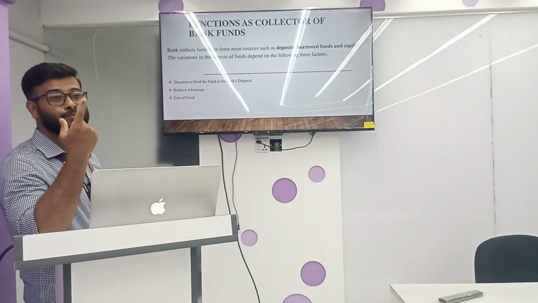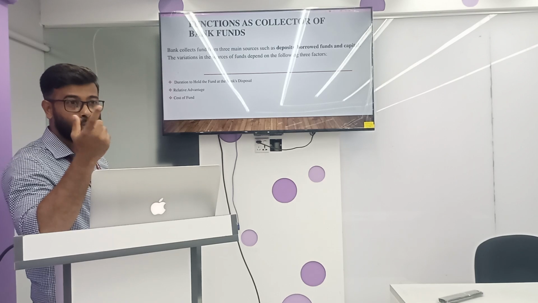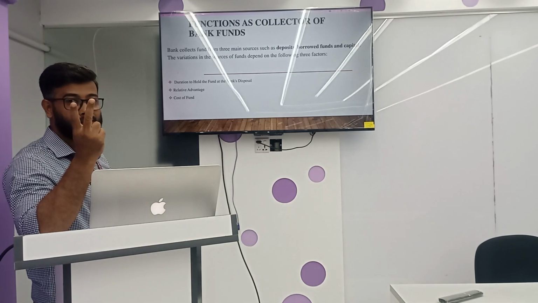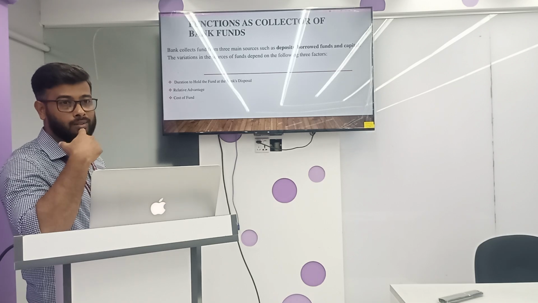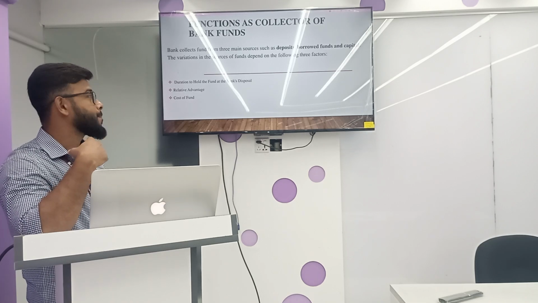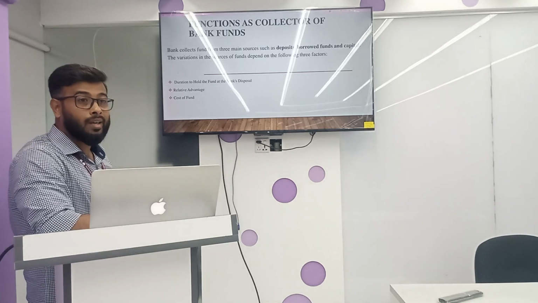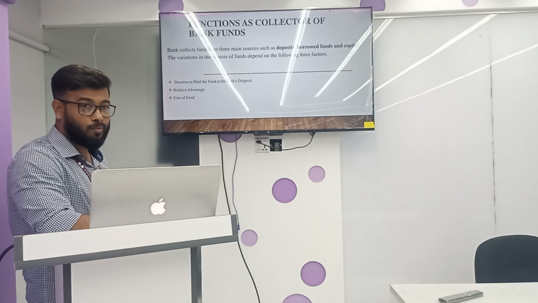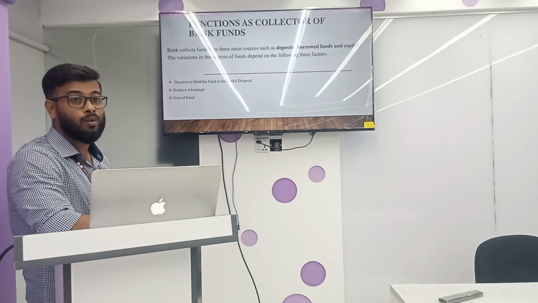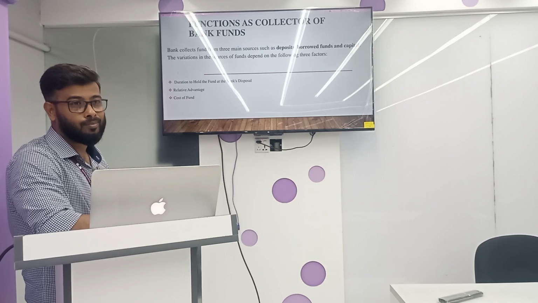One is debt financing, one is equity financing. We have discussed those things before, right? So when you are getting the fund from debt financing, what is the cost of that fund?